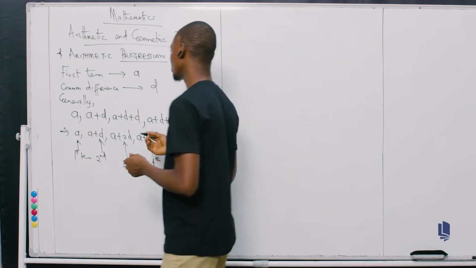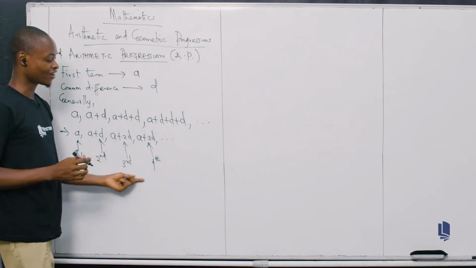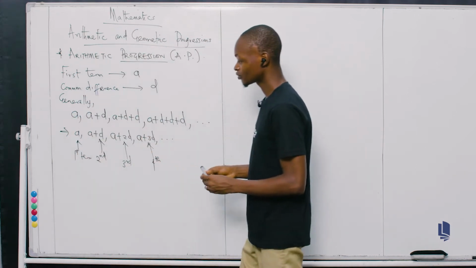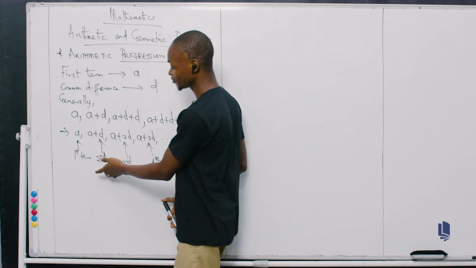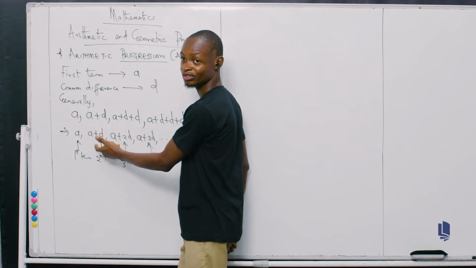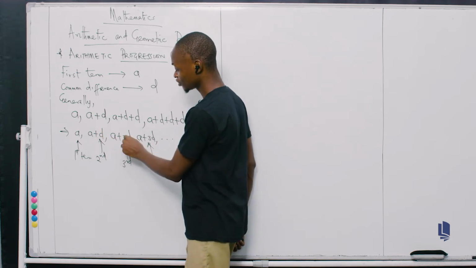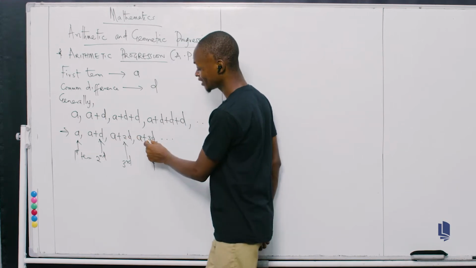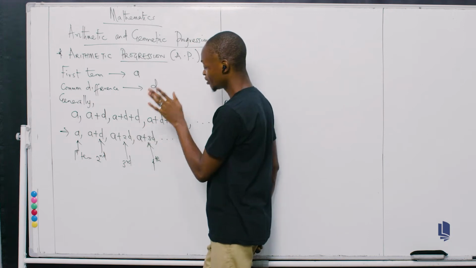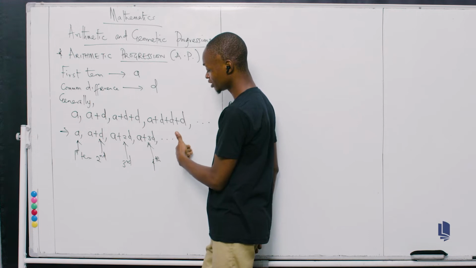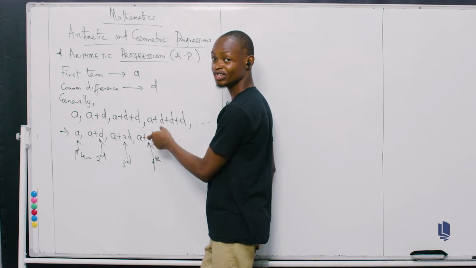Now, how do we write the nth term of an arithmetic progression? Generally, if you notice, when you had a second term, you only added one common difference. At the third term, you added two common differences. At the fourth term, you added three common differences. The pattern you notice is that as the terms continue to increase, the number of common differences you add also continues to increase.